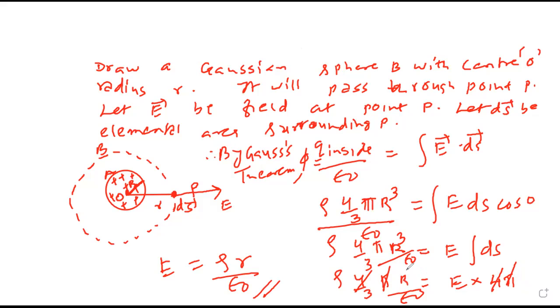Rho capital R cube. So E will become rho capital R cube upon 3 epsilon naught into r square. Please copy this. Just rectify this.